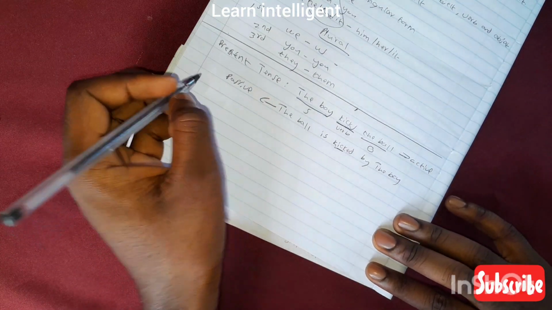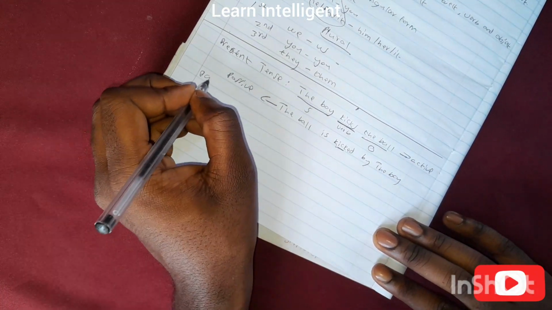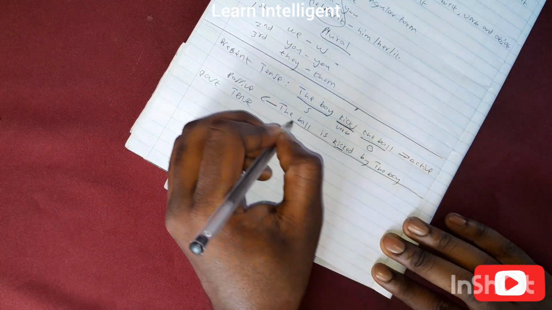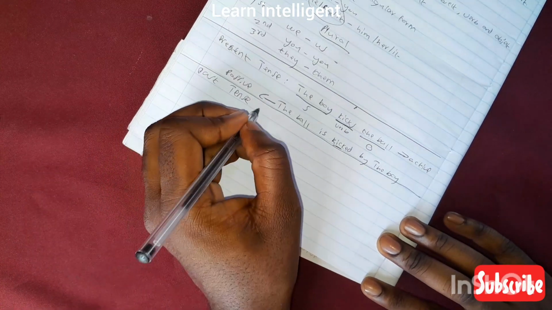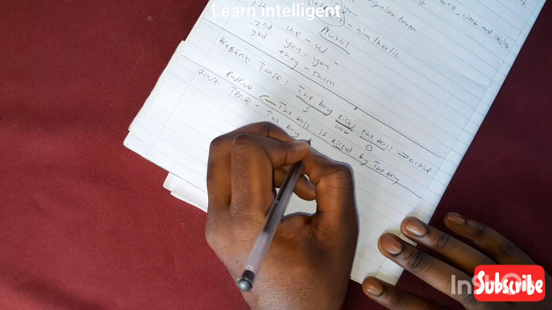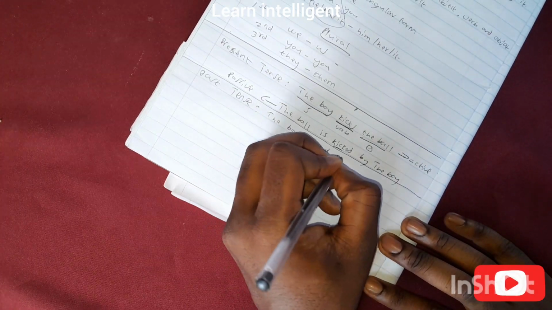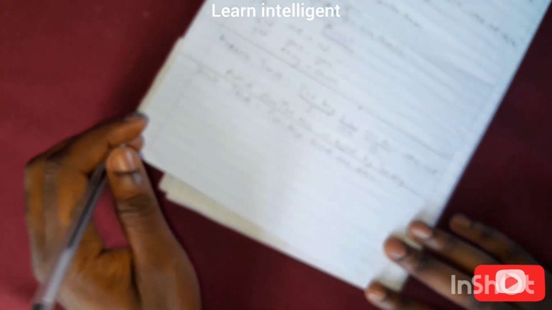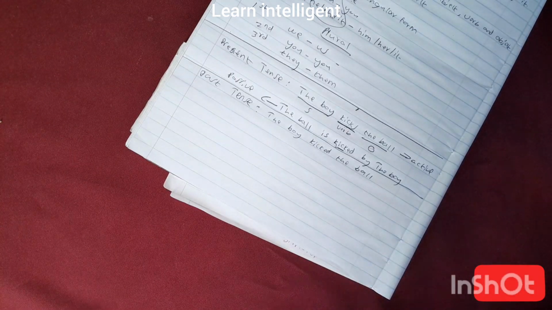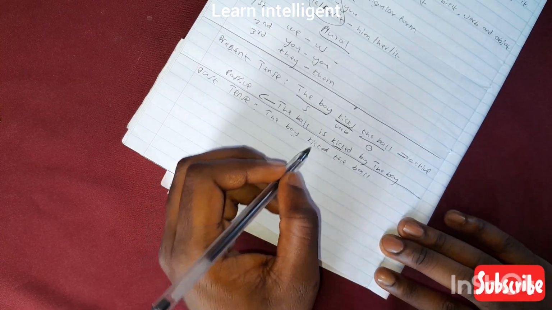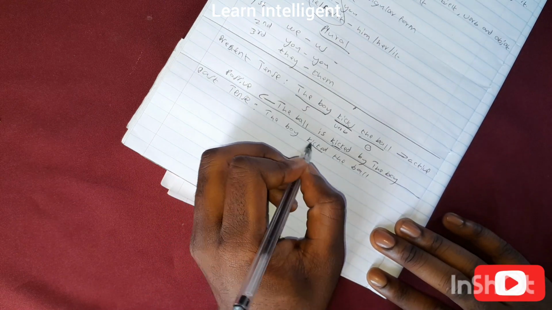Then how about if the sentence is in past tense? The boy kicked the ball. This sentence is in past tense. To change this sentence to passive form, firstly we underline the verb.